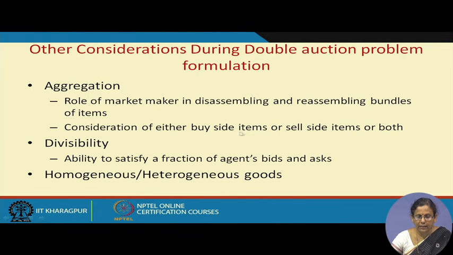So, this disassembling can happen either with the buy side item or at the sell side item or both sides. Then divisibility. In case of multi item situation, these are mostly for financial securities, shares, many unit shares of the same company or from multiple companies. So, multiple different items, multiple units, homogeneous and heterogeneous goods.